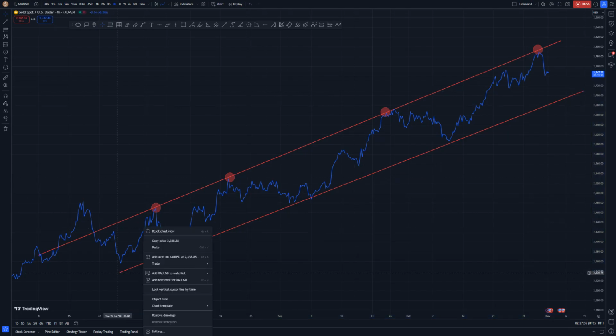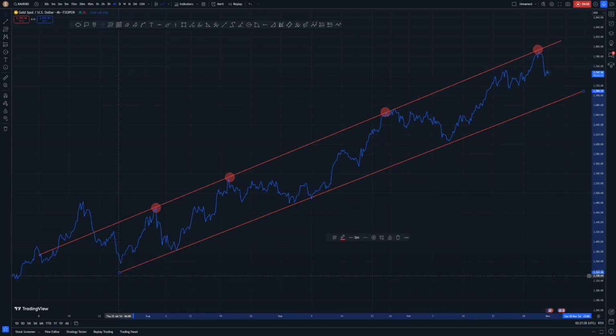So from the bottom, this forms our floor. Now we have a floor and a roof.